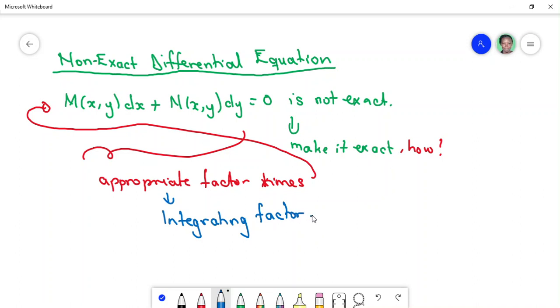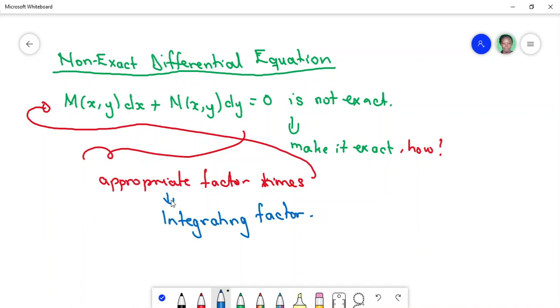So if our differential equation is not exact, then I can find my integrating factor, then multiply by my differential equation to make it exact, and use the procedure in our previous lesson, which is found in the link in the description, so you can kindly check that if you haven't seen that video yet.